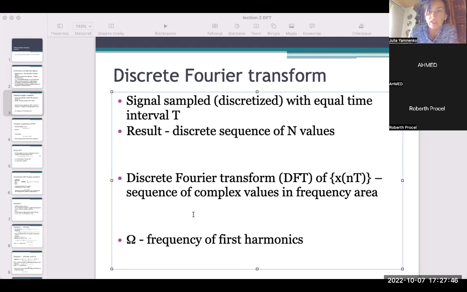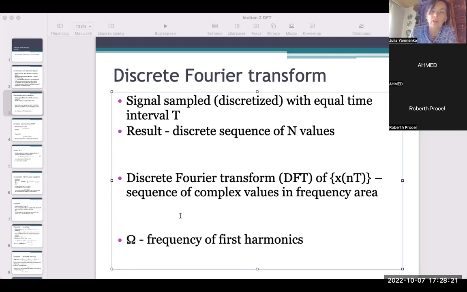Because it is Fourier, one of the main features is that the basis functions are complex-valued, so the resulting Fourier spectrum is also a sequence of complex values. We indicate it like X capital. The capital letter always tells us that there is a spectrum, and the small letter means that we are looking at the original function.